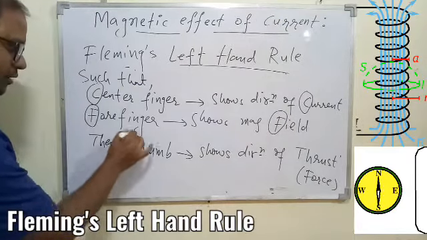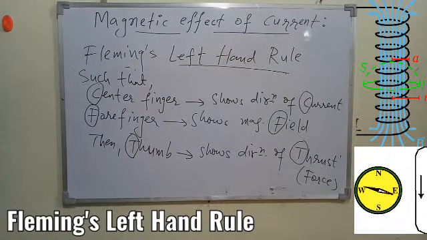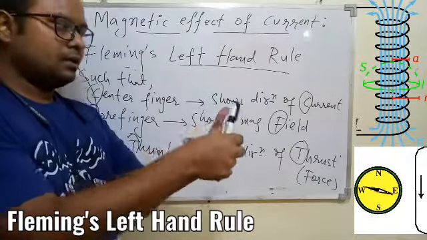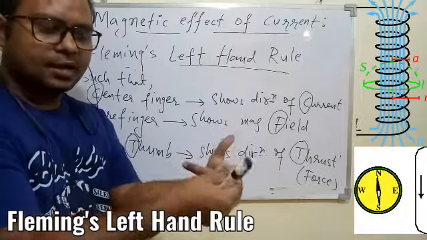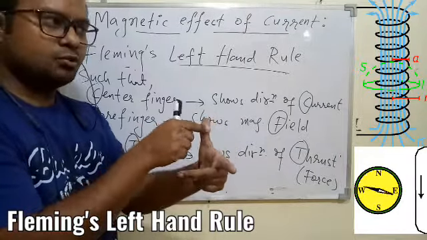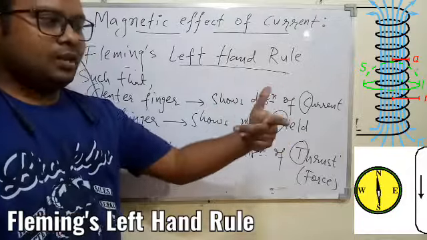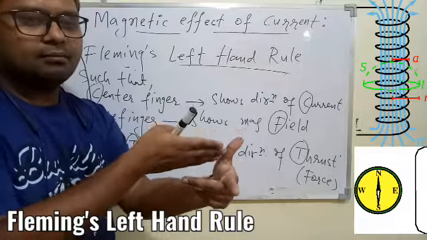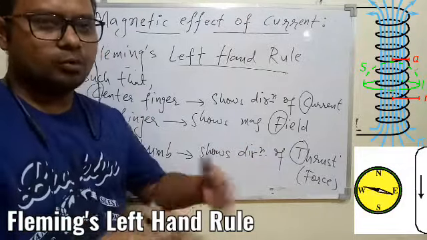T for thrust, and the meaning of thrust, you know, is nothing but the force. This is how you can remember. If we are given a current flowing in a conductor placed in a magnetic field, then it will get a force that will be given by the thumb. So if we apply the left hand and the three fingers, we can identify in which direction the thumb is pointing. That will be the direction of force given to the conductor, meaning the conductor will move in that direction.